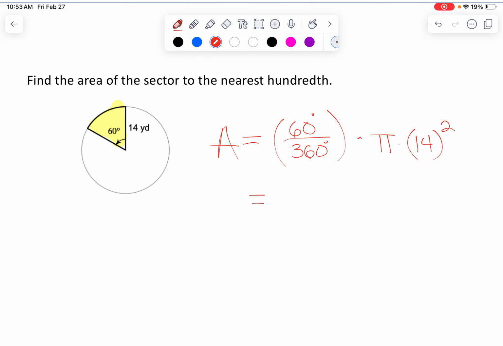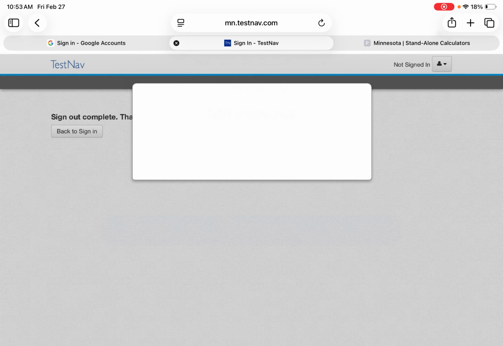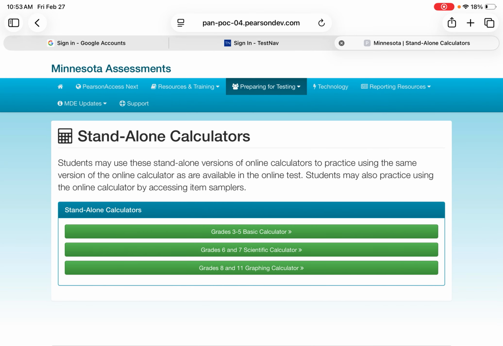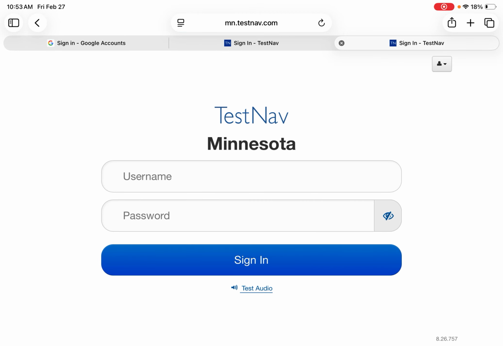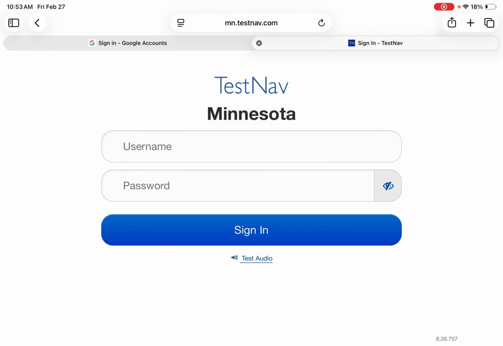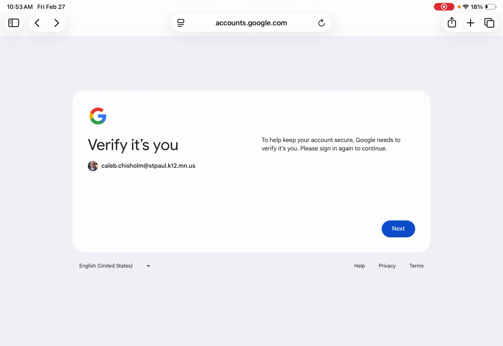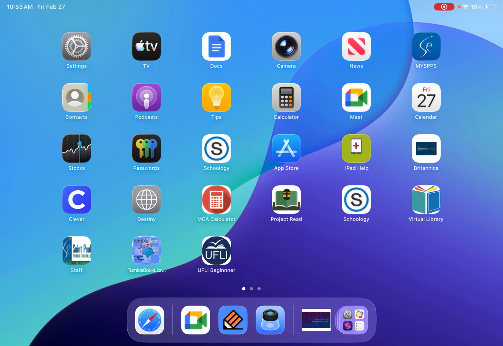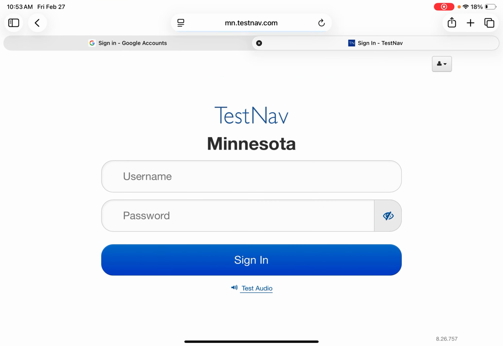And then you just type that into your calculator. So I'll do that on my calculator here. 60 over 360. Well, apparently it's disappeared again.